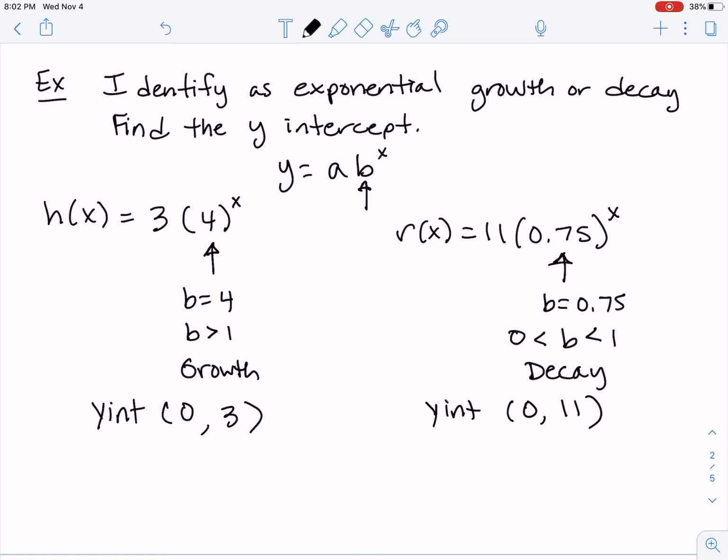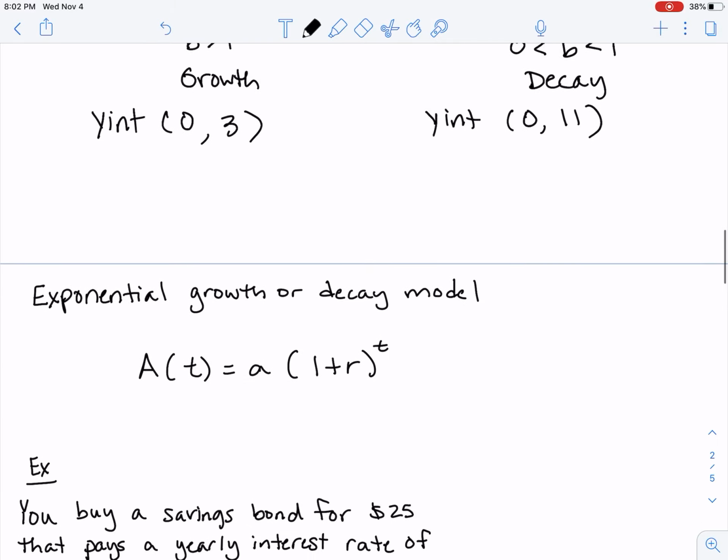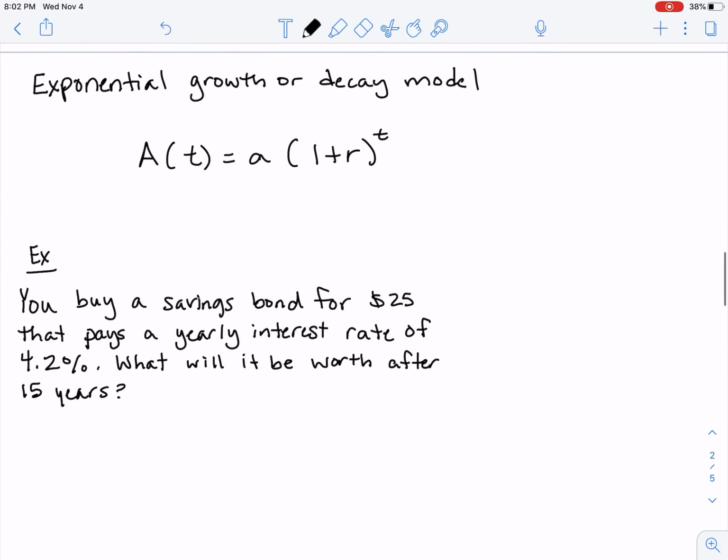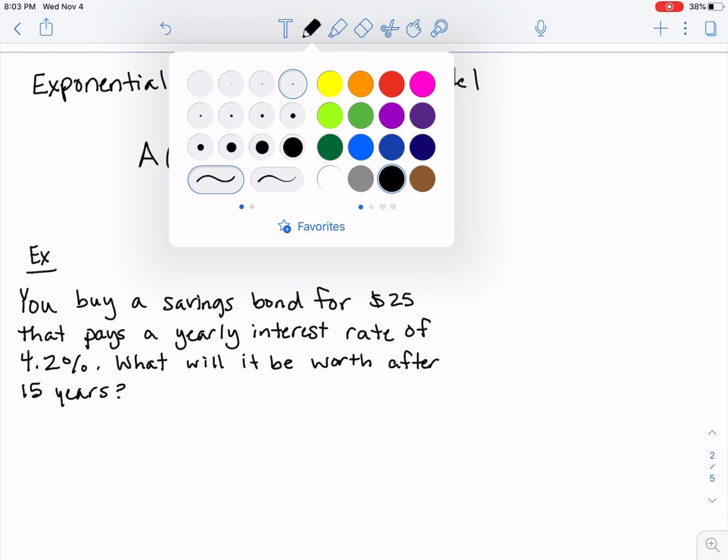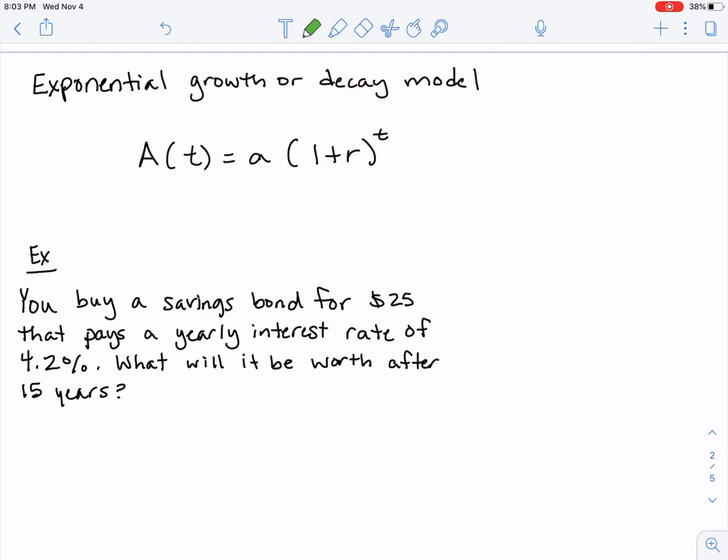Now let's apply our models of exponential growth or decay. Okay, so here's a model for exponential growth or decay. A of t equals a times the quantity 1 plus r raised to the t. All right, well, here's what I know. Let me go with green.